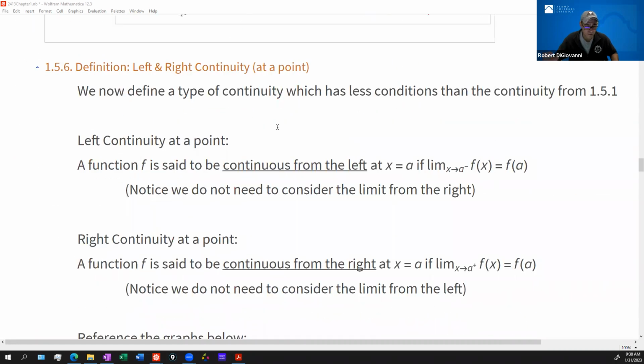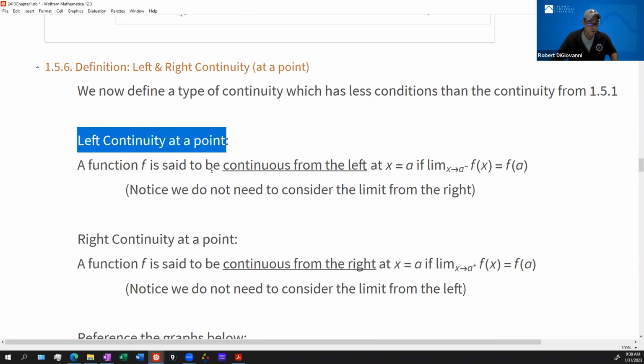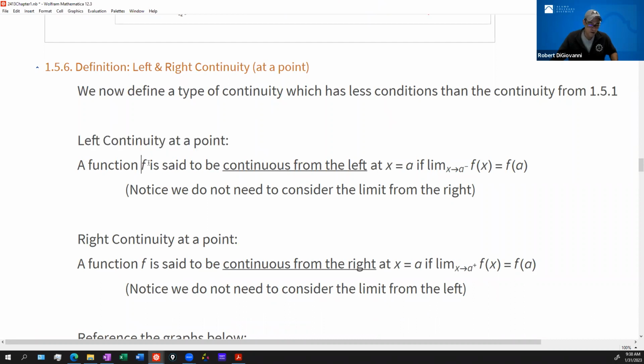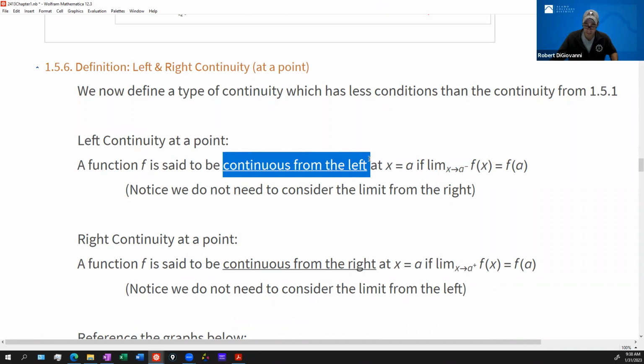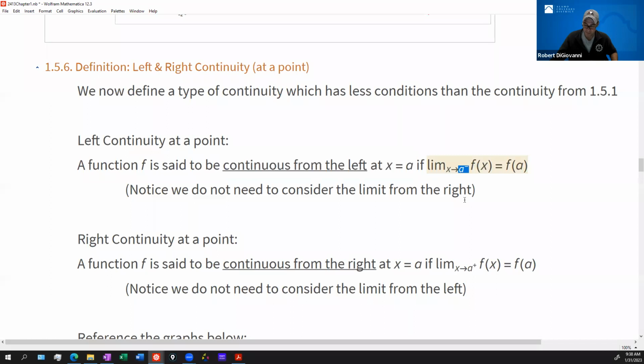So first, some notation and definition: left continuity at a point. What does that mean? Well, the function is said to be continuous from the left at x equals a if the limit, notice this, as x approaches a only from the left equals the function's value at that point.